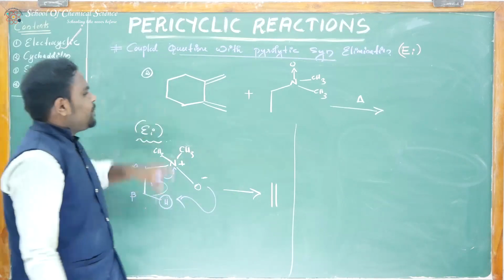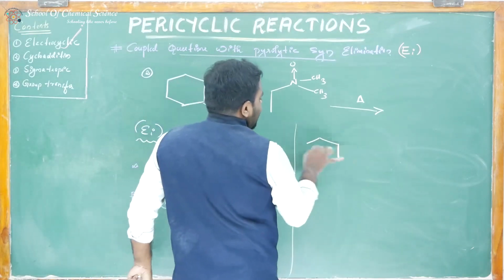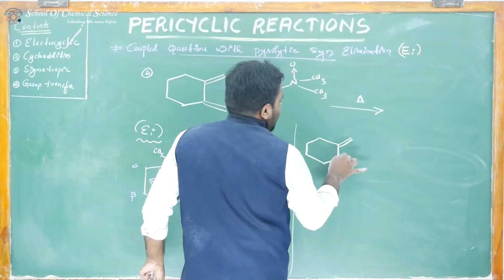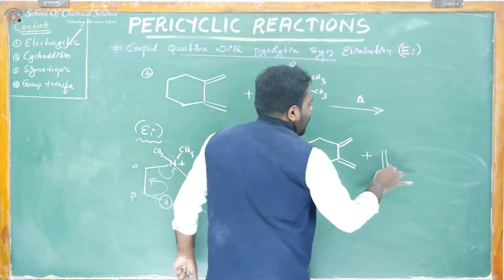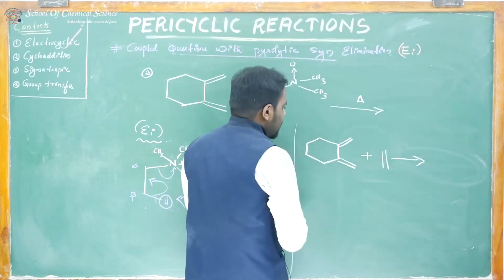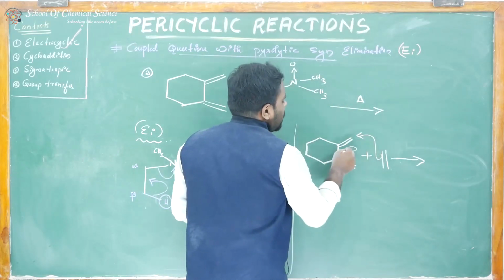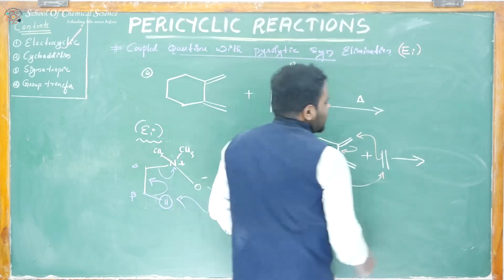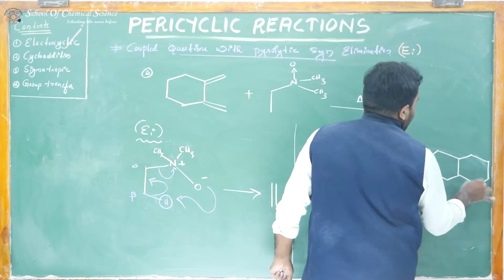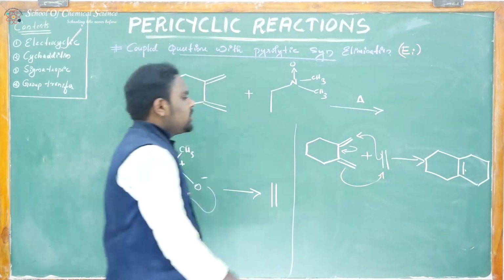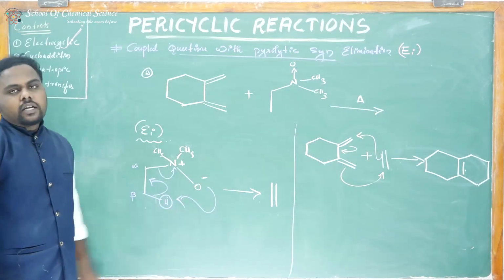Then in the second step, you have the diene, which reacts with the formed dienophile in a 4+2 cycloaddition reaction. So this ring as such, then a new 6-membered ring with a double bond is formed. So that is your product.